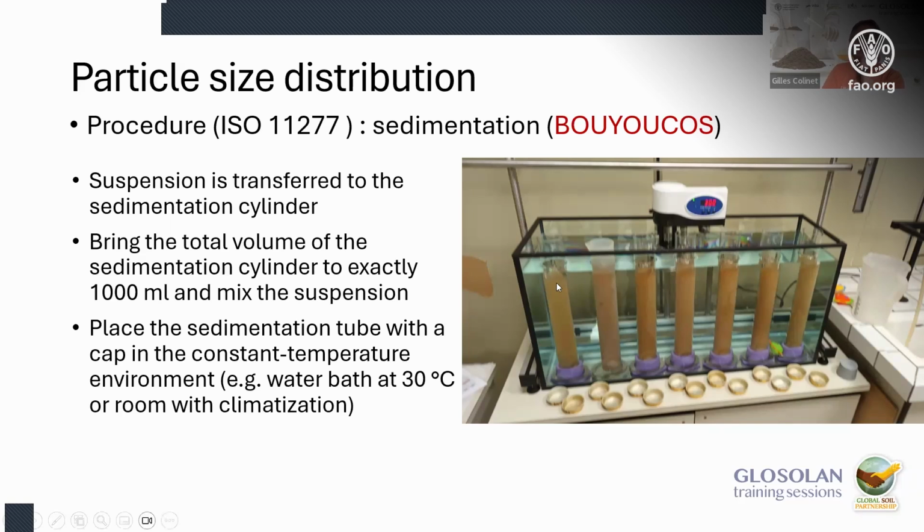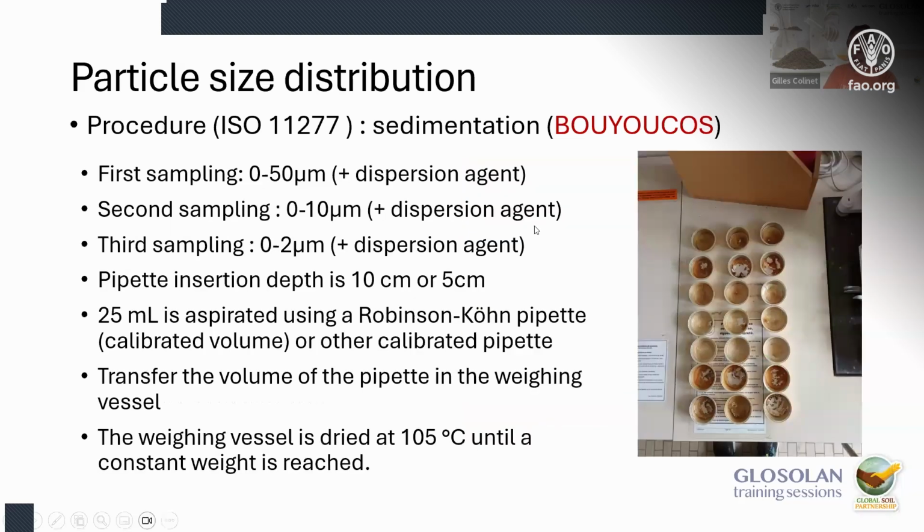So we have a first fraction which contains the particles which have a size of less than 20 microns. The second sampling is less than 10 microns, and the third sampling is particles less than 2 microns. No, it's less than 20 here. I think I made an error. So first sampling less than 20, second less than 10, third less than 2.